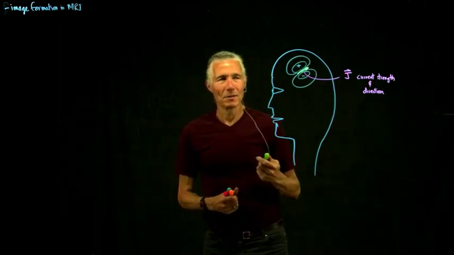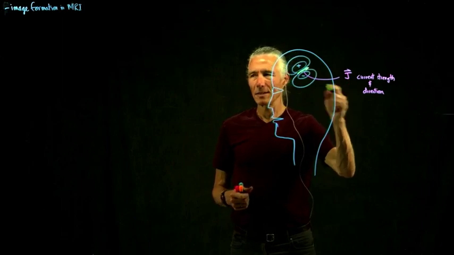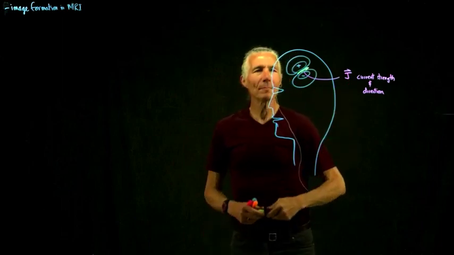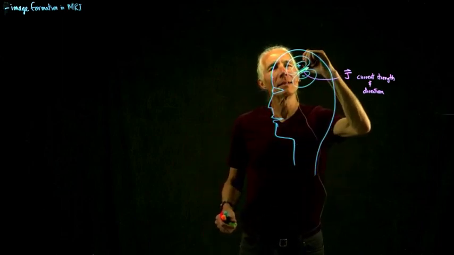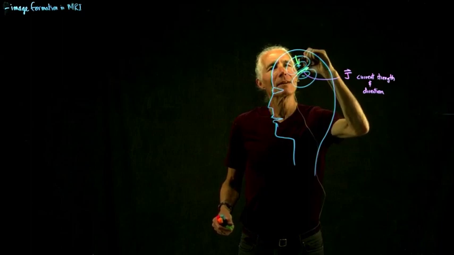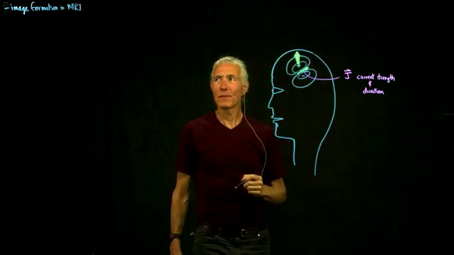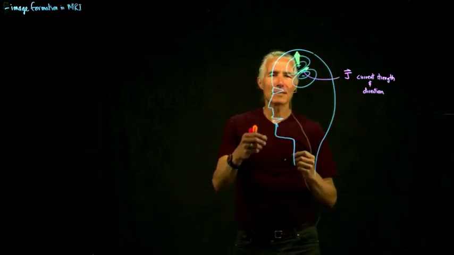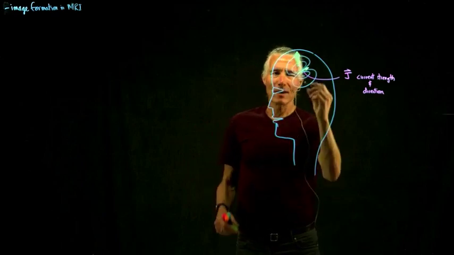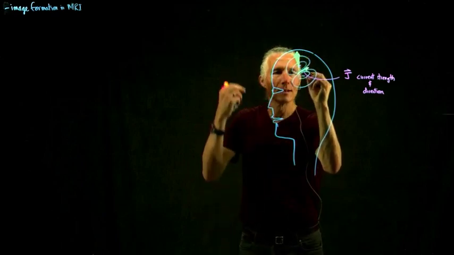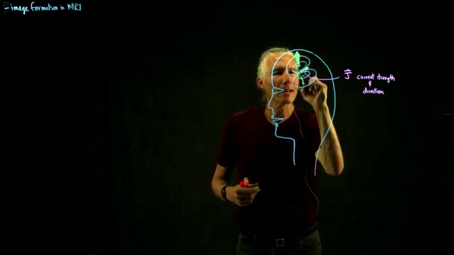a vector, kind of like the current. So at this point, there's a vector coming out of the head, and that's the B vector. And then at this point, there's a vector going into the head.